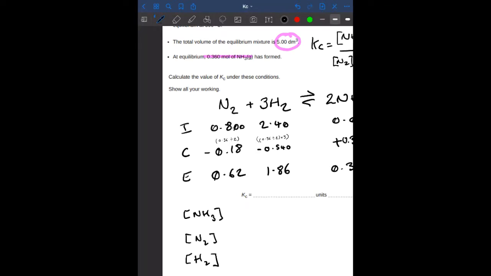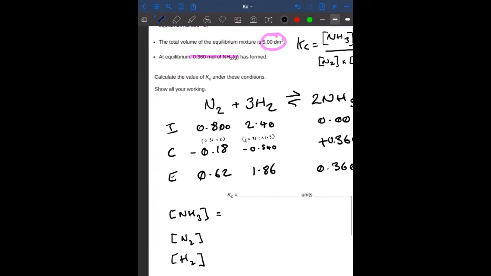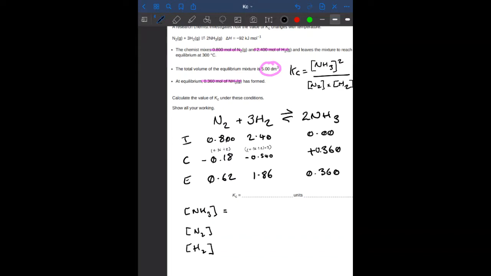Concentration equals moles over volume. So 0.36 divided by 5 equals 0.072.